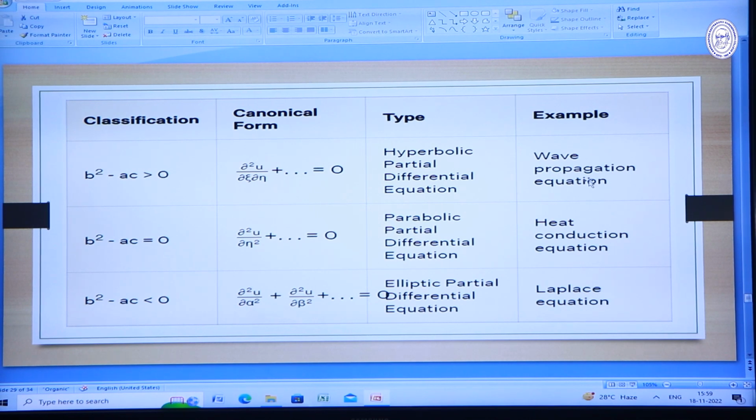These are canonical forms. And this is called a parabolic partial differential equation, for example the heat conduction equation. And if b square minus ac is less than 0, the canonical form is this, and this type is an elliptic partial differential equation, and the example is the Laplace equation.